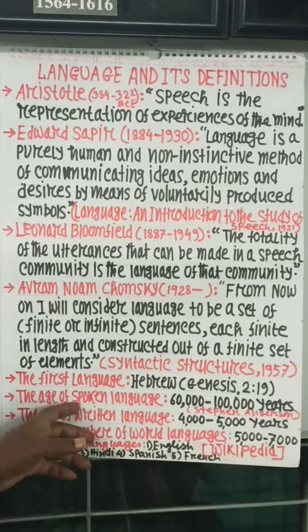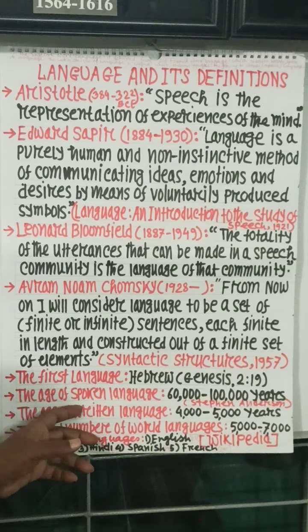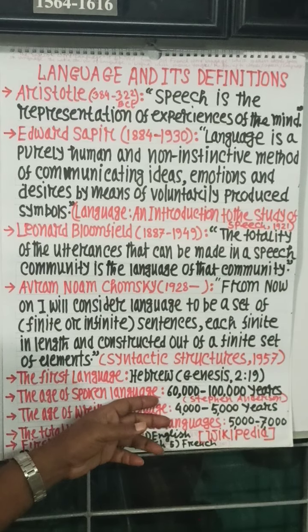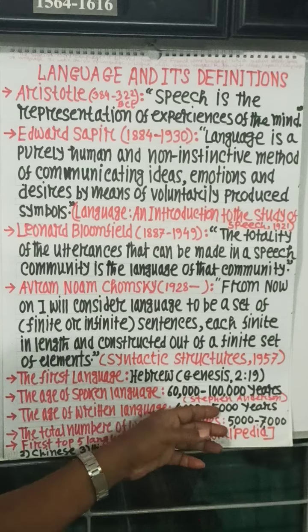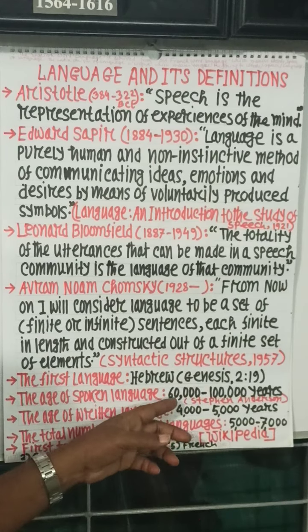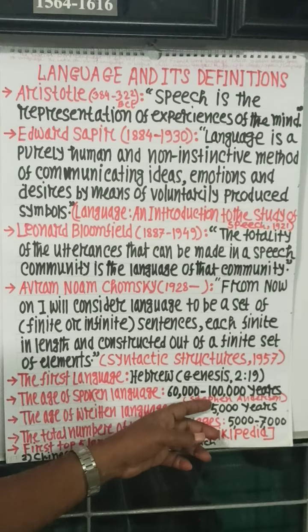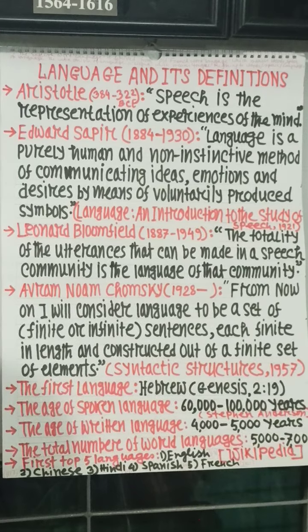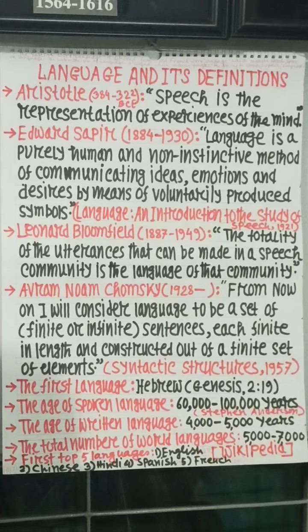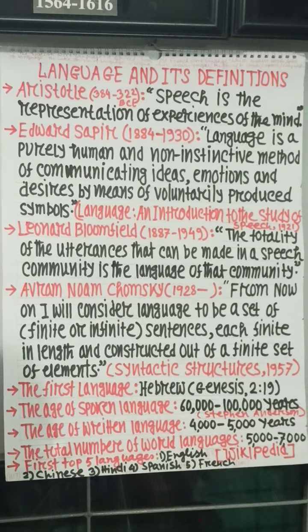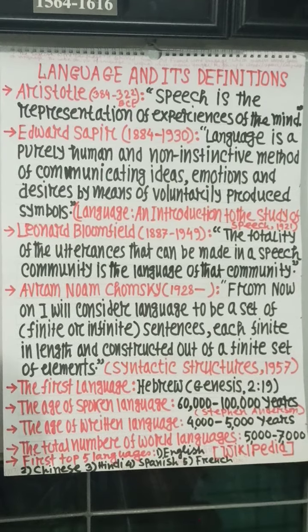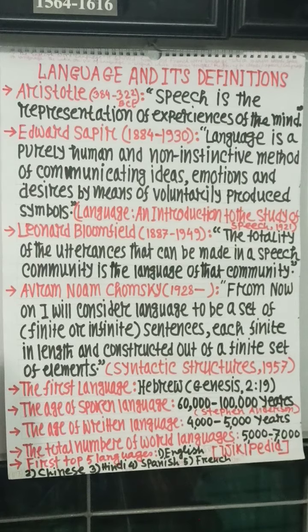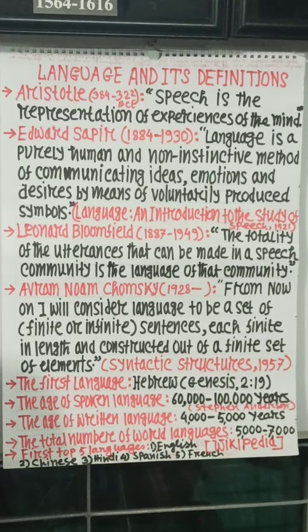And the age of spoken language, according to Stephen Anderson, is 60,000 to 100,000 years. So you can imagine from this comment of Stephen Anderson that our language is prehistoric.